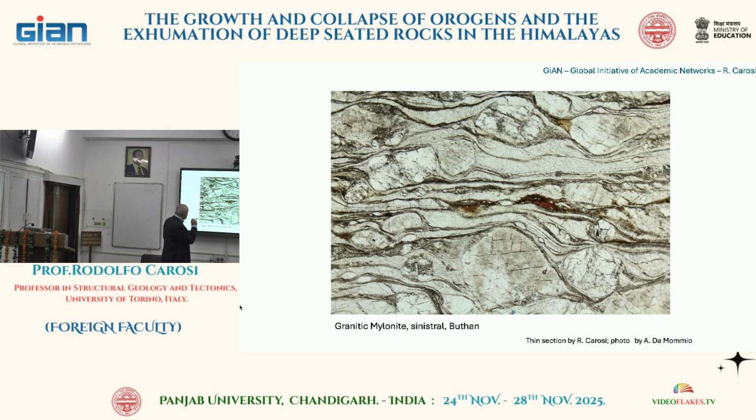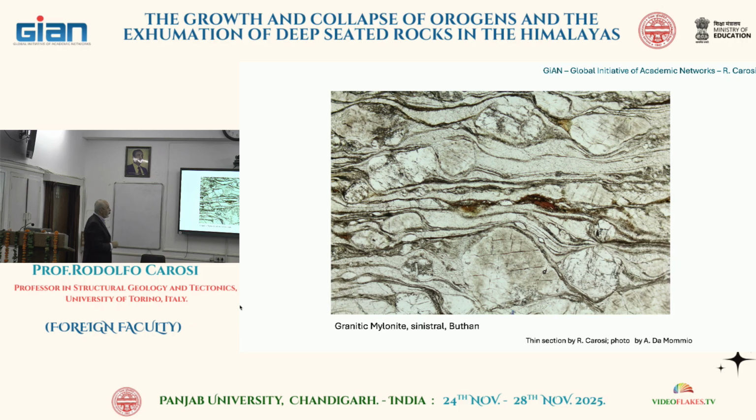In this case, you can observe sigma shape porphyroclasts like this. But the problem is that you have several porphyroclasts close to each other. So each one is not free to rotate and to develop the tails or the mantle, but there is interference between different porphyroclasts. There's collision between porphyroclasts.